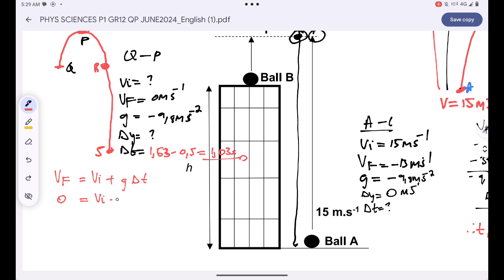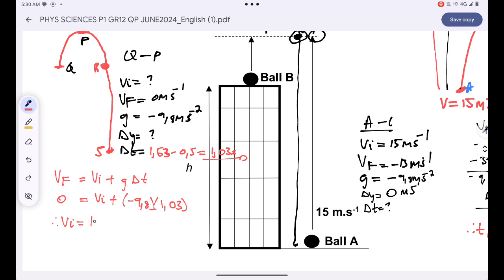I'm looking for the initial velocity, the gravitational acceleration is 9.8, and the time it took the ball to reach maximum height is 1.03. So therefore the initial velocity is basically negative 9.8 times 1.03.